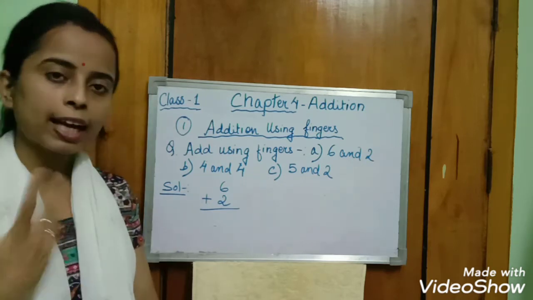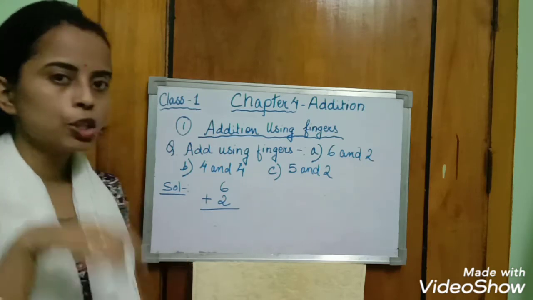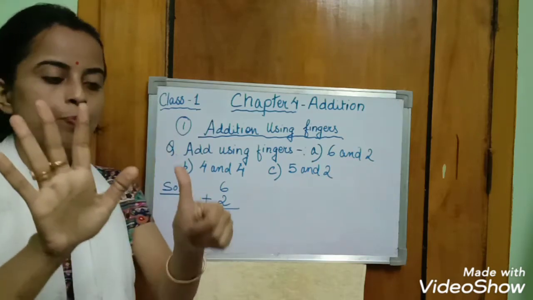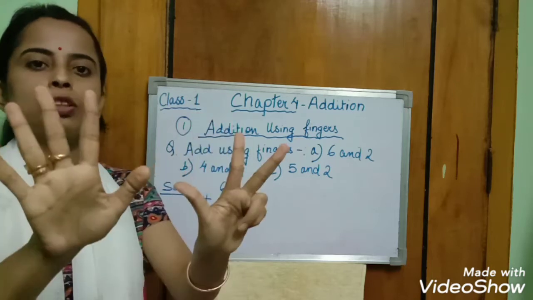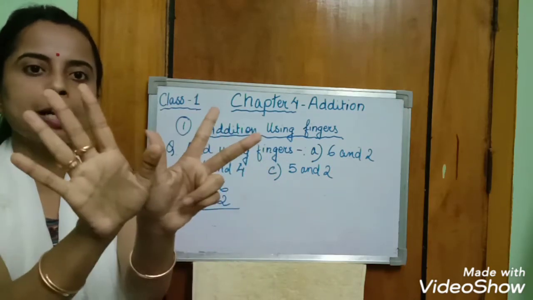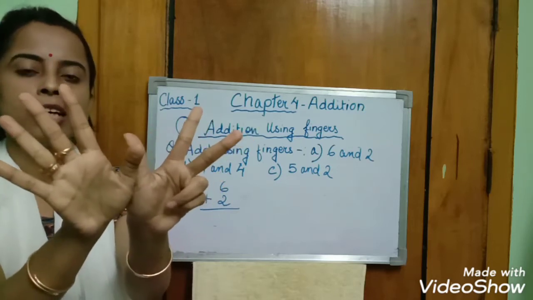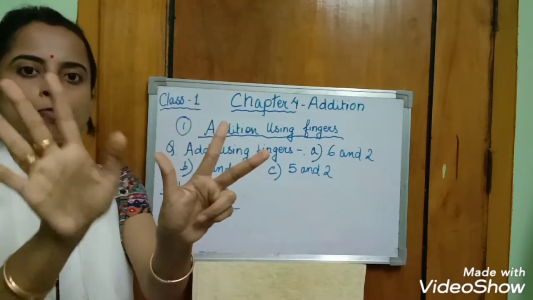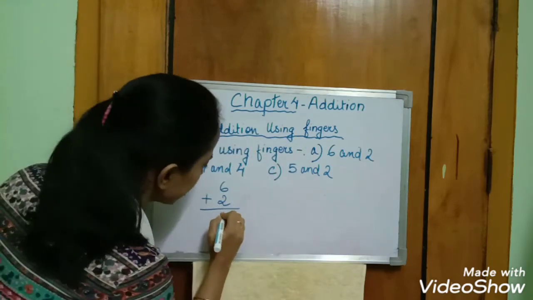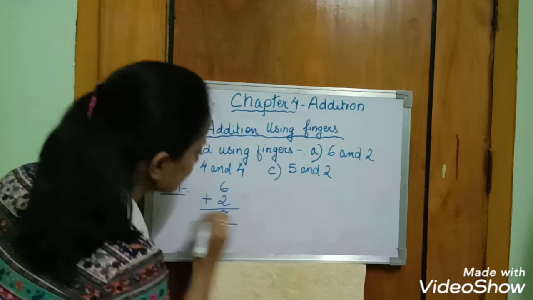So again we will use fingers. 5 fingers, then 1, it comes 6, plus 2, 1, 2. What is the total? Add up all the fingers. 5, 6, 7, 8. So the answer is 8. Clear, children?